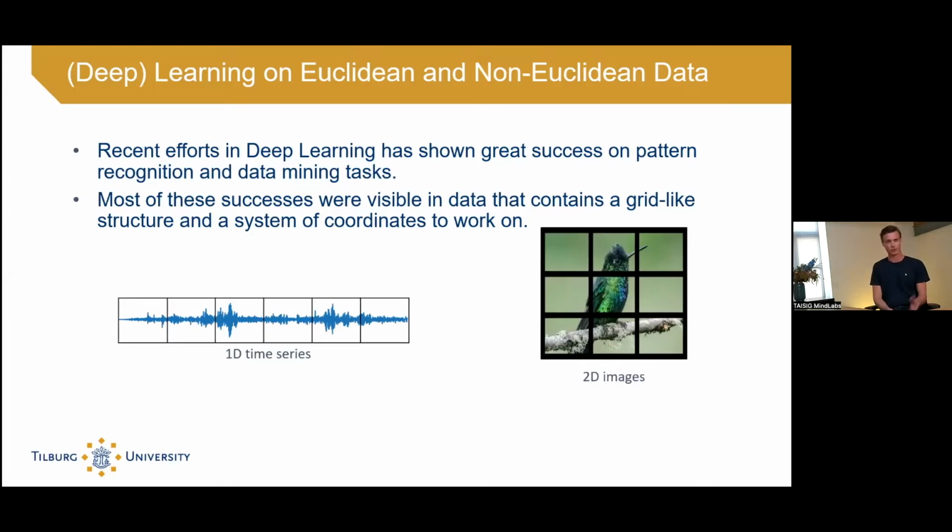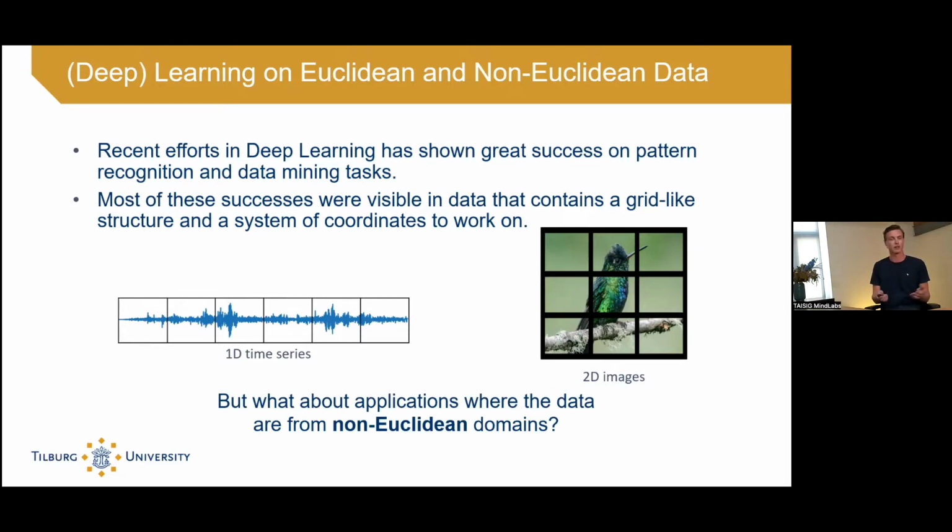As we're all familiar with, sound or images follow a sort of structure. On the left you see a time series, which is, for example, some sound wave, and this is ordered in a chronological manner, and every moment in time is one step ahead and one step behind the other point in time. And an image is a sort of 2D grid where all the pixels are nicely organized. So this is the notion of Euclideanness.